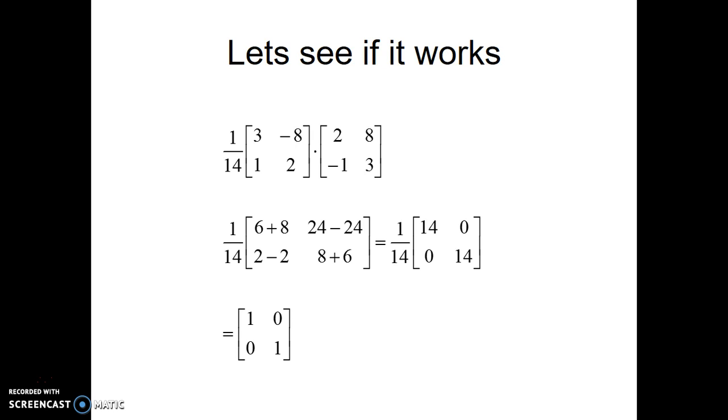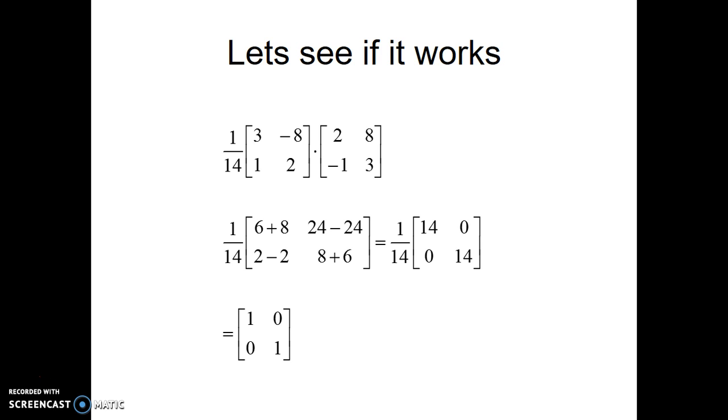Last step is simply to see if that works. If it works, we should be able to take that inverse matrix and multiply it by our original matrix, and we should get the identity matrix. As you see here, we go through and multiply. Remember that when we multiply, we do row times column. So we do 3 times 2, get 6. Then -8 times -1, you get +8. So we get the 6 plus 8 up there in the top left-hand corner.